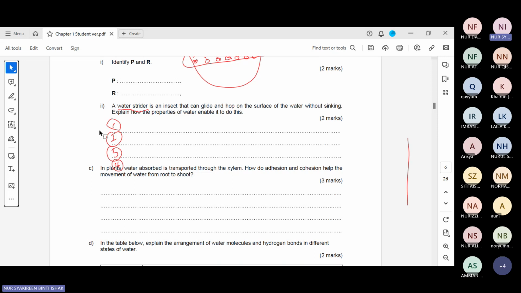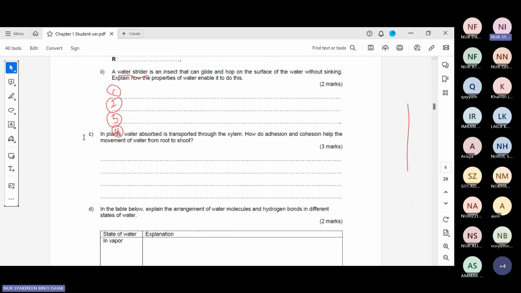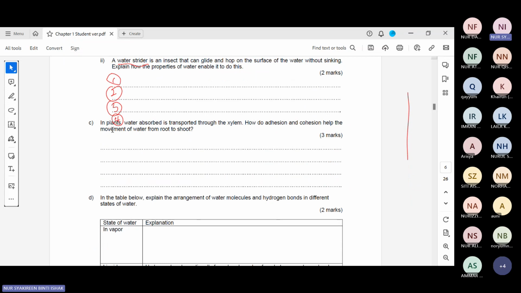When answering questions, especially in an exam, you have to answer in full sentences, not in point form as in your own notes. When we make study notes we use short form, but you don't apply that during the exam.